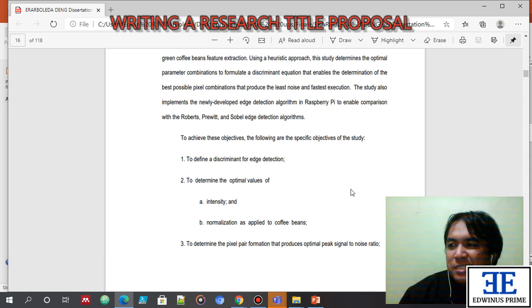What are the other things that you can contribute to the body of knowledge? For example, in my dissertation, I formulated a discriminant. This is a mathematical formula.